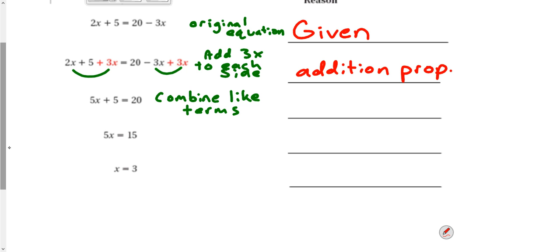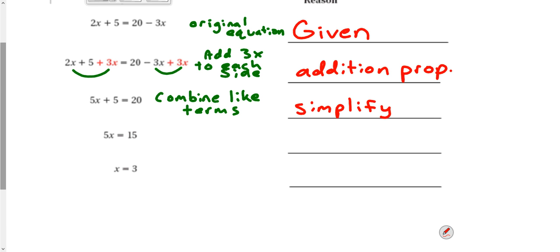And what is that called when you combine like terms? We are just simplifying. So simplify. We found a way that we can combine something to make the equation smaller. Simplified, we combine those like terms.